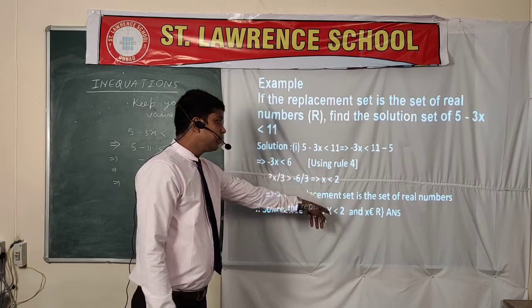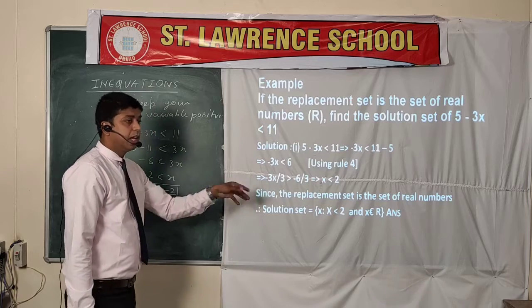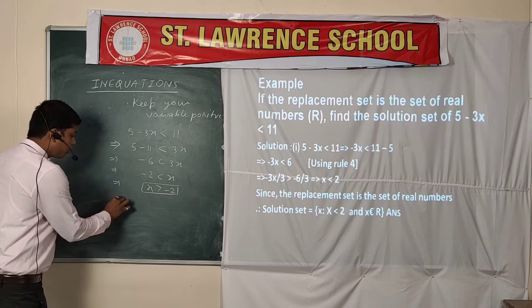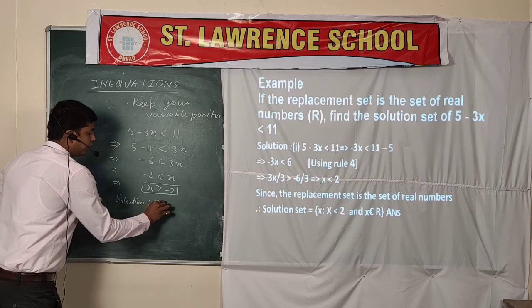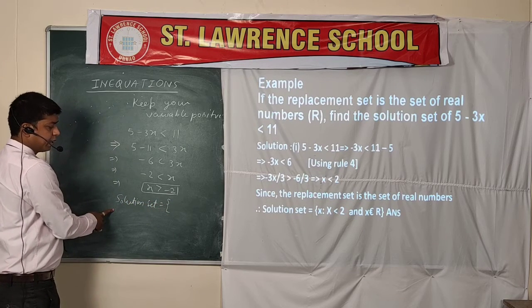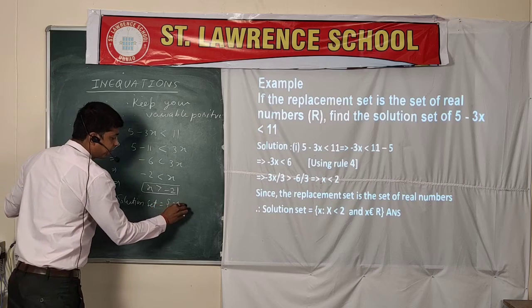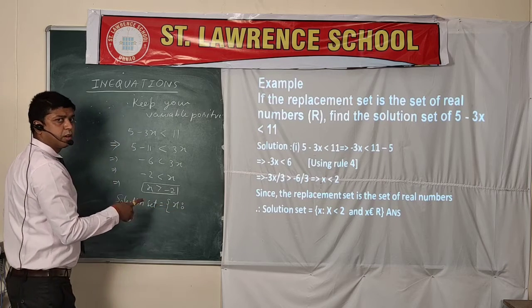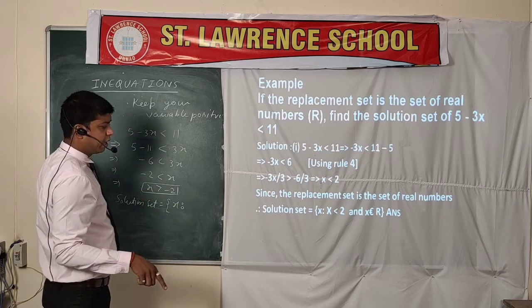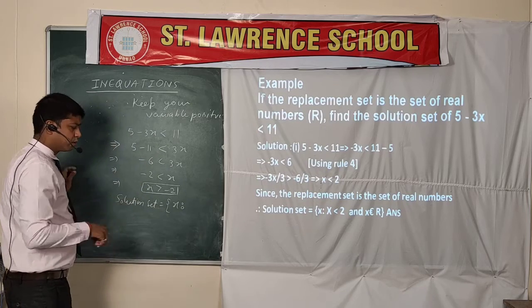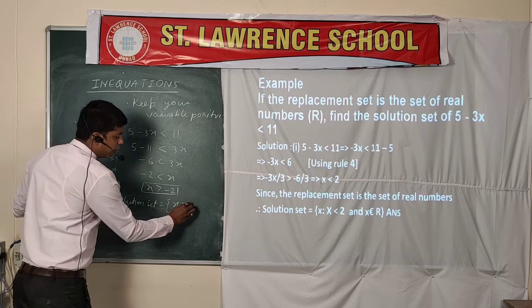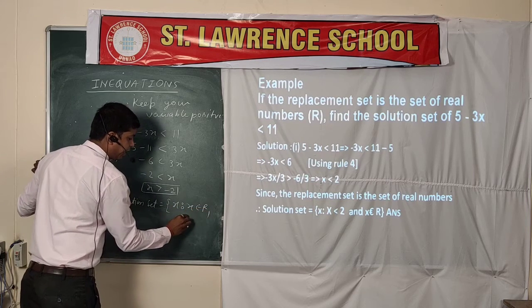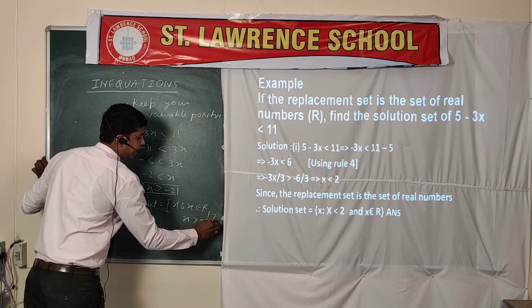If your set belongs to real numbers, then you need to write your solution set. The solution written in the form of a set is called the solution set. It has already been taught in class 7th and 8th. X is such that x belongs to real numbers and x is greater than minus 2, bracket close.